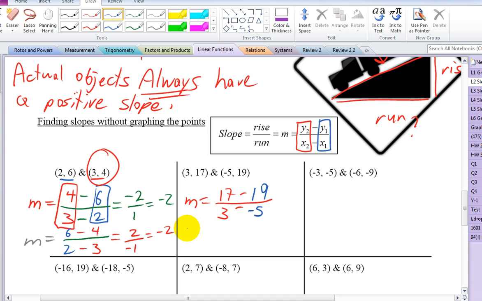Negative 5. And this is where you're going to screw up. Check right now that you have 2 negative signs like I do. You must have 2 negative signs there. Okay, you're minusing a negative. Now to subtract properly then, it'd be 17 minus 19 and 3 plus 5. Okay, and you get negative 2 over 8, which is negative 1/4.